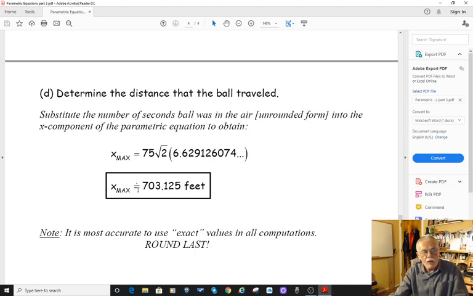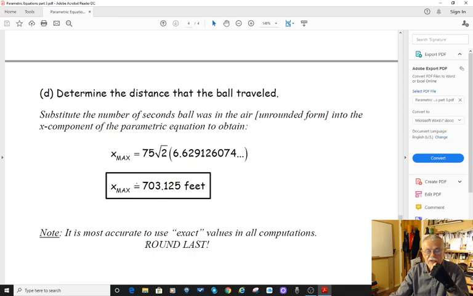Okay, so the only issue I want to go over with you here is the question of rounding. Note, it is most accurate to use exact values in all computations, which means we do not want to use rounded values, because then in subsequent computations the errors accumulate, and they really do.